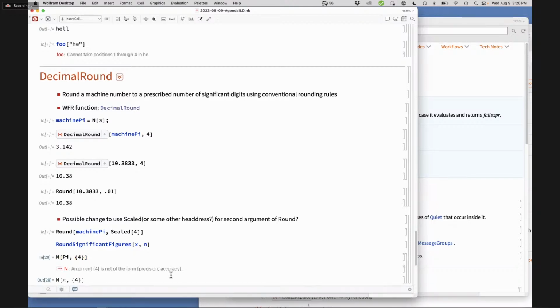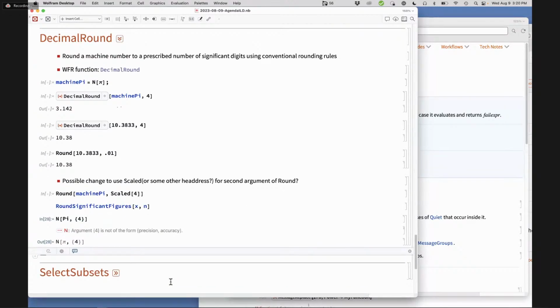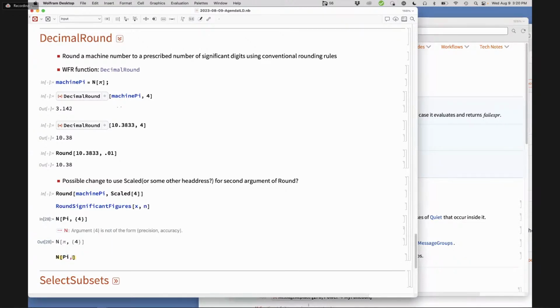What I'm proposing would be round pi to 4 significant digits. Because in N, you can give it a single element list, which means precision, just give the precision. You don't mean list, you mean a single element.